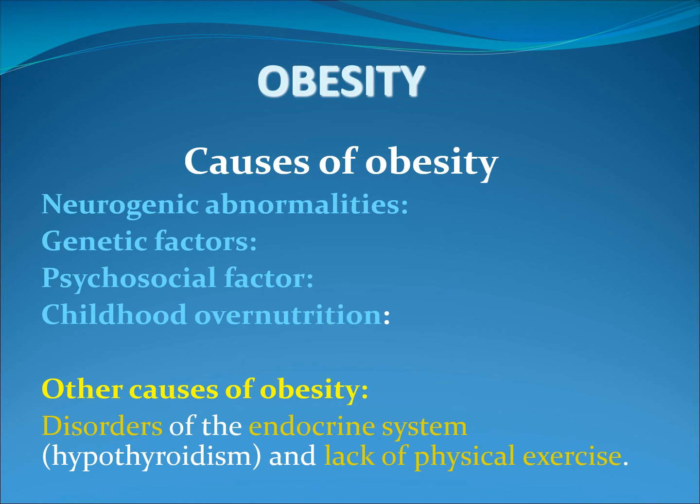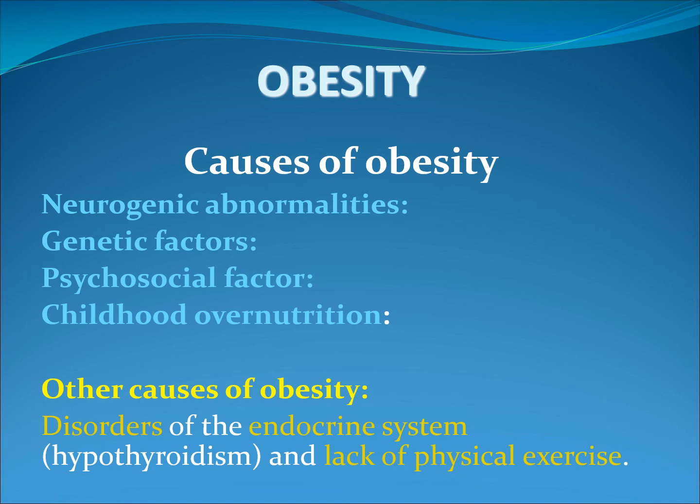Other causes for generation of obesity are disorders of the endocrine system. As an example, in hypothyroidism, there is a decrease in the metabolic rate of the body. If these persons are consuming the same amount of food as a healthy person, they are subject to deposit more fat in their body and to develop obesity.